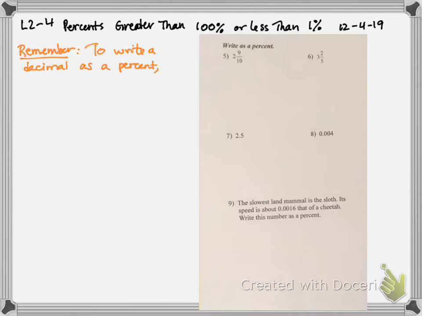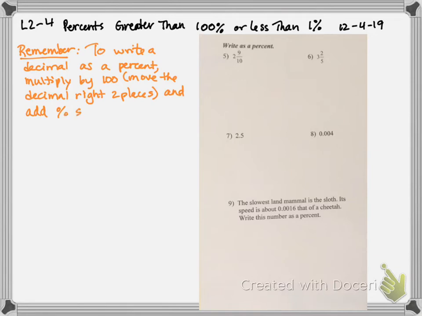We're going to multiply by 100, which means we're going to move the decimal right 2 places. Oops, not a decimal, period.